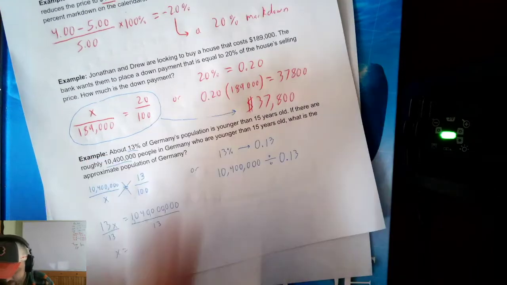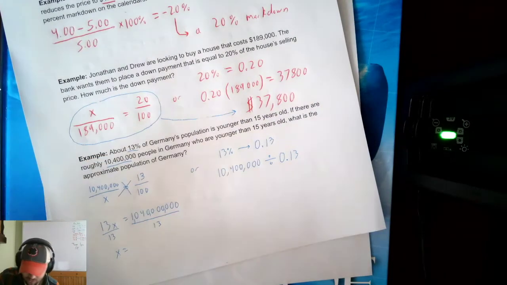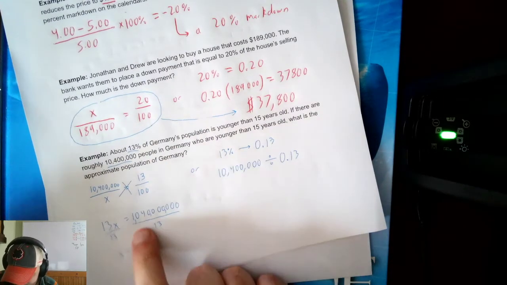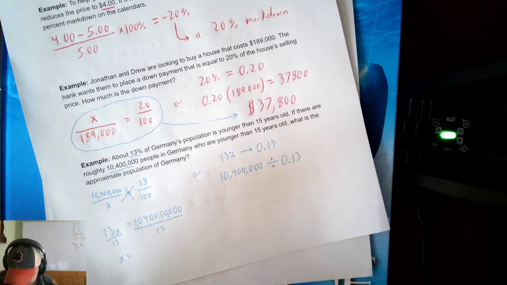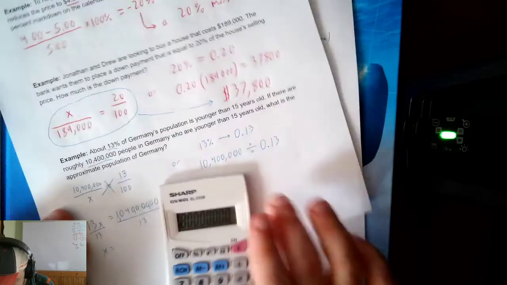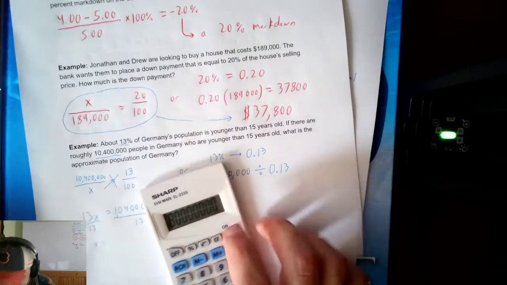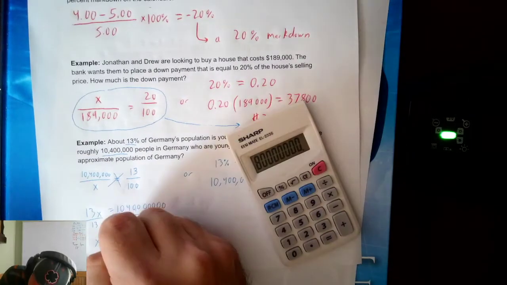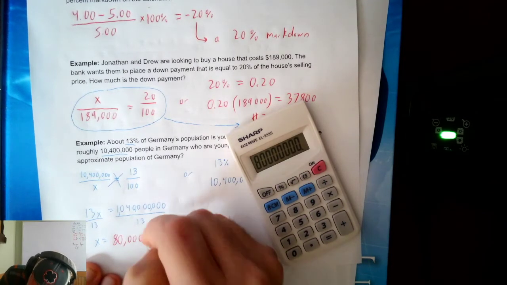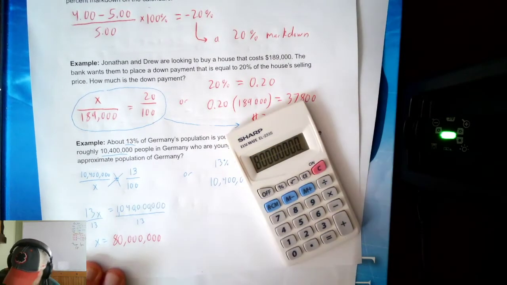Oh, I can't fit that in my calculator, so we'll have to use a separate strategy. You want to divide 1 billion by 13. It'll give me a nice full calculator of 80 million. So I'll get 80 million when I divide 1 billion by 13.